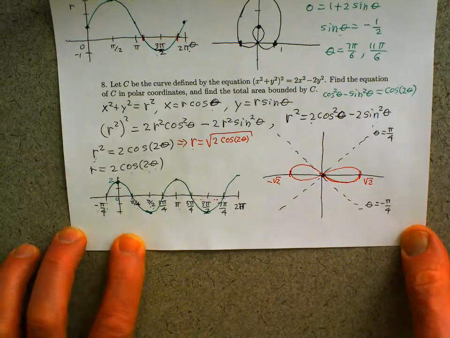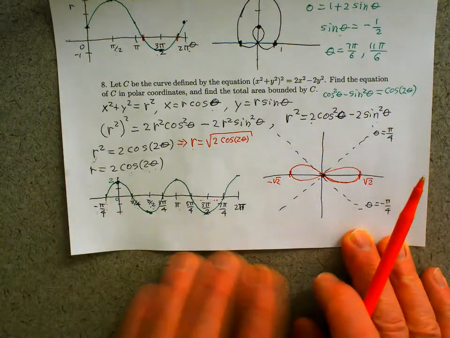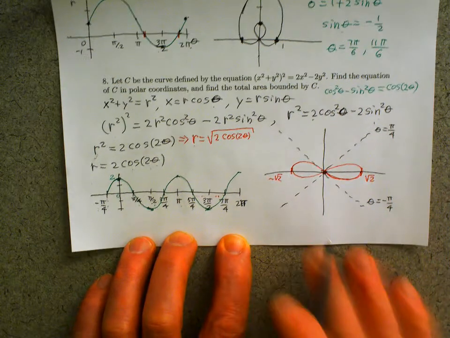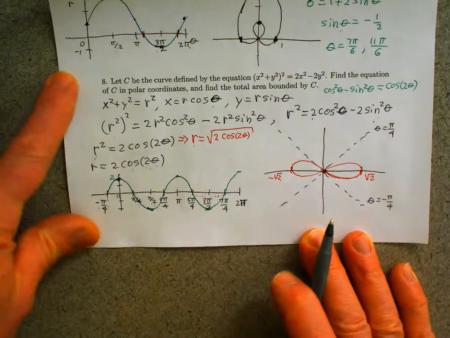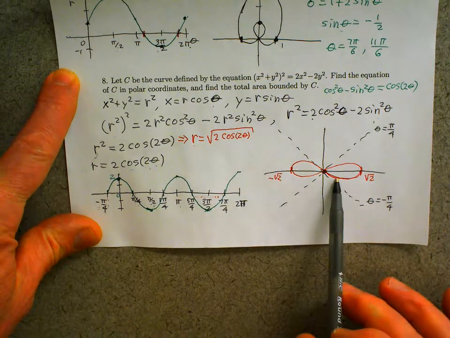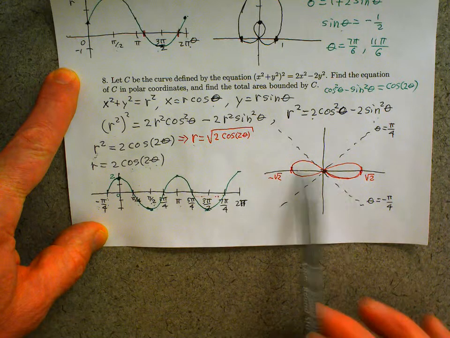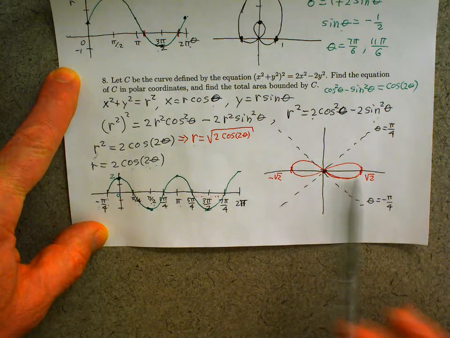And we want to find the area. So we can just set up a fairly simple integral. The area of each of those two loops are supposed to be identical. My picture doesn't look like it.